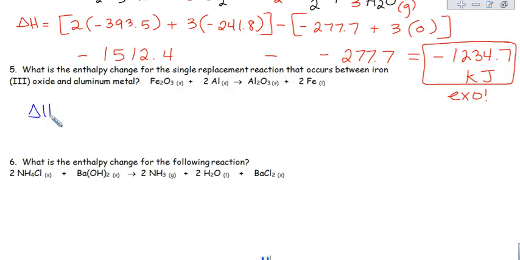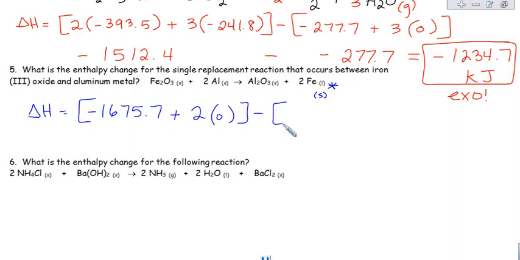Check this one out. Delta H equals products. My aluminum oxide, solid, negative 1675.7, plus 2 times iron. Now notice here that they have the iron listed as a liquid. As I'm looking at this chart, I only see iron solid because its normal phase is solid. So let's use the solid, and then that would be 0.